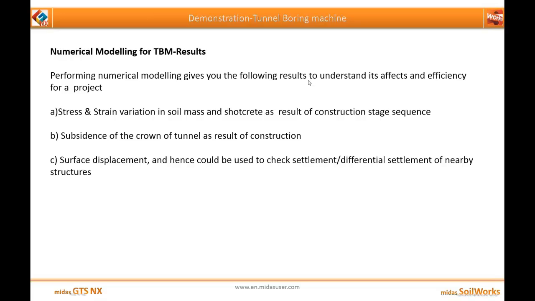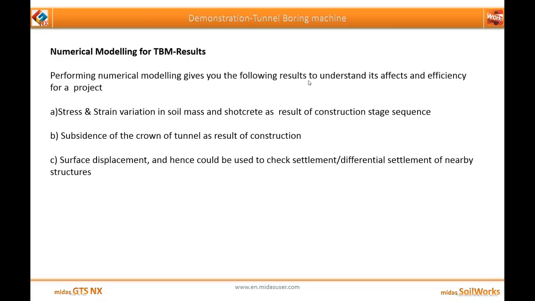Now, what do we get when we do numerical modeling for TBM? Numerical modeling gives you the following results to understand its effect and efficiency for any project. First is the stress strain variation in the soil mass and shotcrete as a result of the construction stage sequence using TBM.